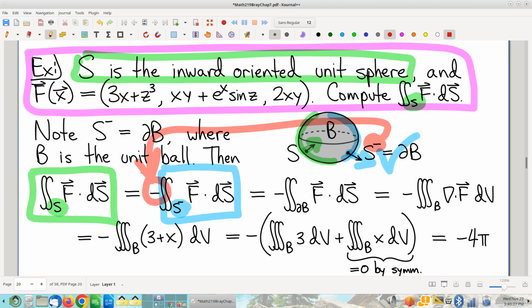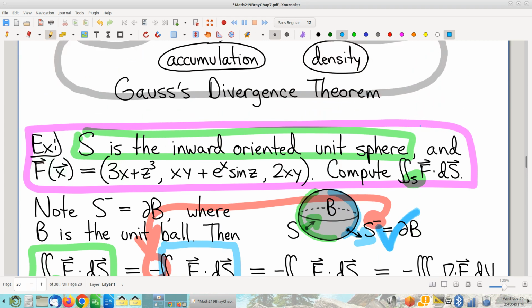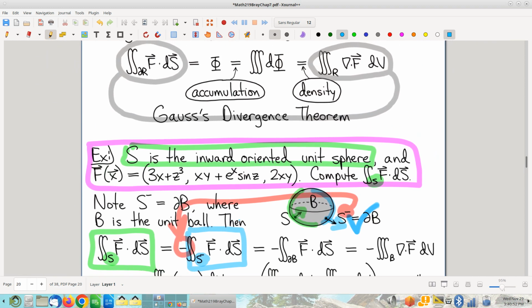So the green surface is what we are obligated to care about because that's what the question was asking. I have now related it by way of this orientation observation and this minus sign. I've related what I need to something that I have tools that I can work with. This S minus, being as it is a boundary, I can come up here to the divergence theorem and say, aha, that S minus, that is a boundary, and therefore I can write the divergence theorem.